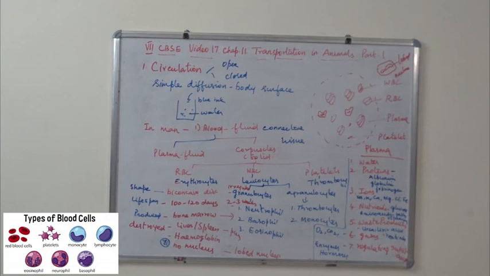Waste products: urea, uric acid, creatinine, and bile, bilirubin. Gases: oxygen and carbon dioxide, and nitrogen, but that is an inert gas. And regulating substances: enzymes and hormones.